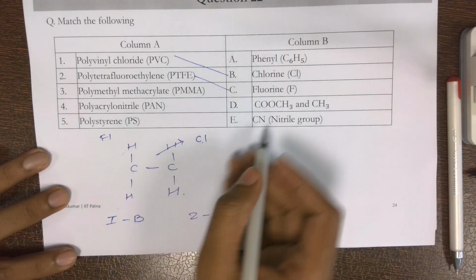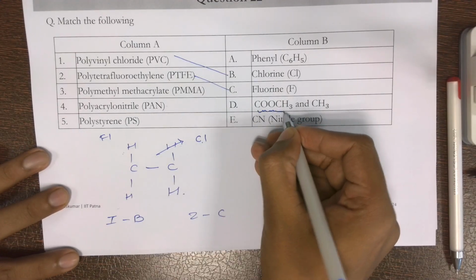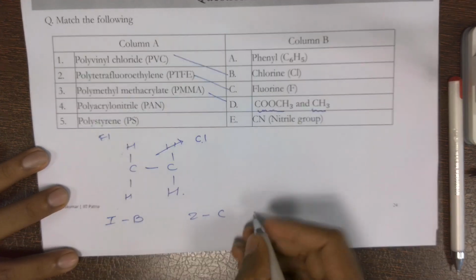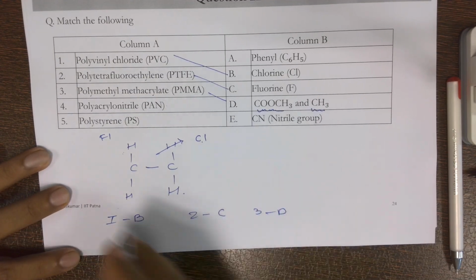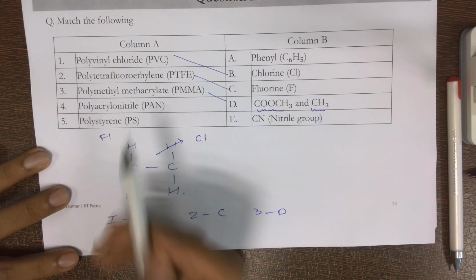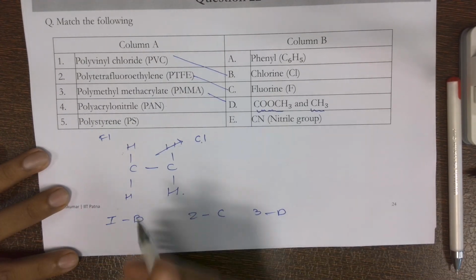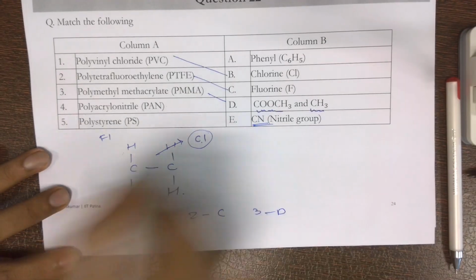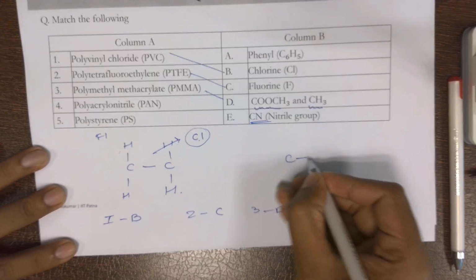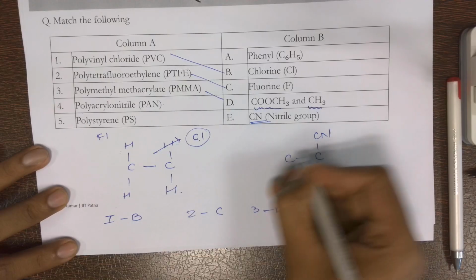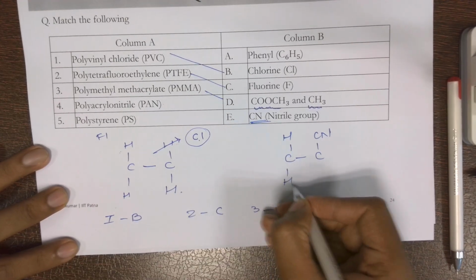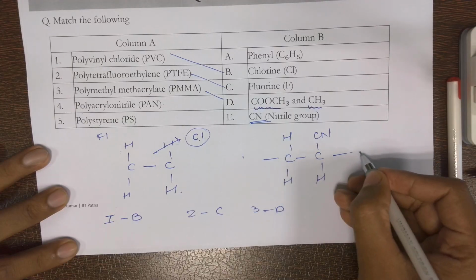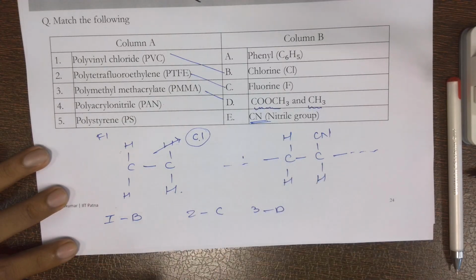Based on this replacement, if I am replacing one hydrogen with one group and another with this group, I will get PMMA. Third one done. Now here, it is chlorine which I am replacing, and this will be my monomer.